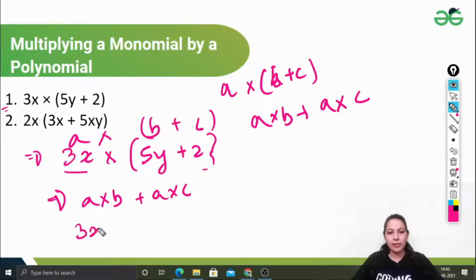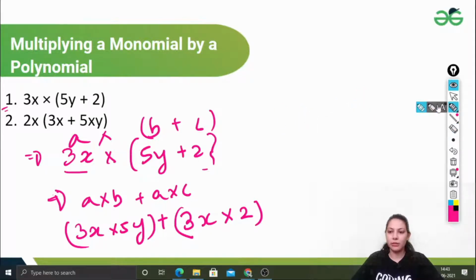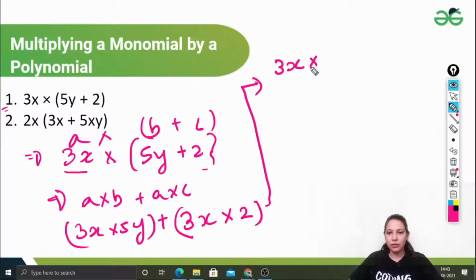So 3x multiplied by 5y plus 3x multiplied by 2. So let me write over here. So it will be like 3x into 5y.